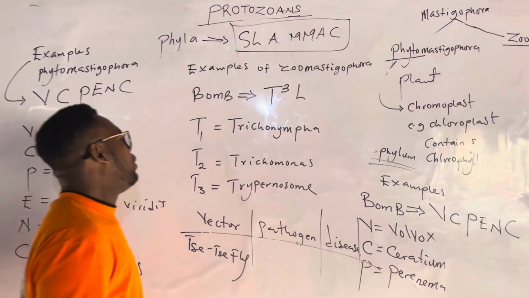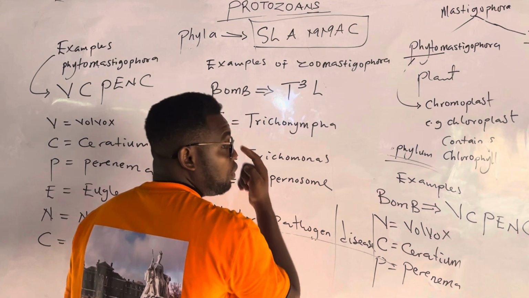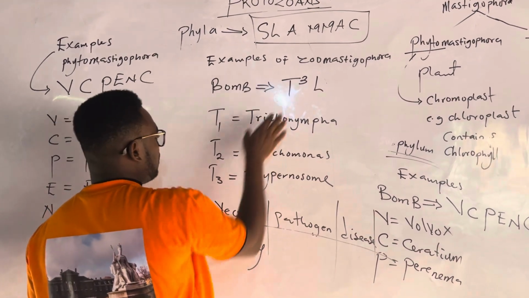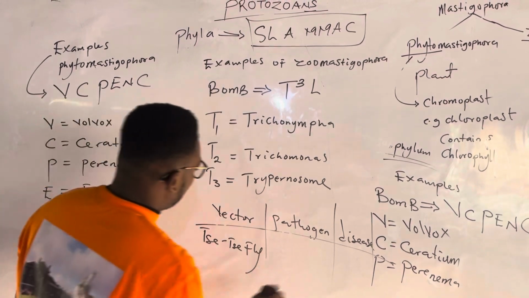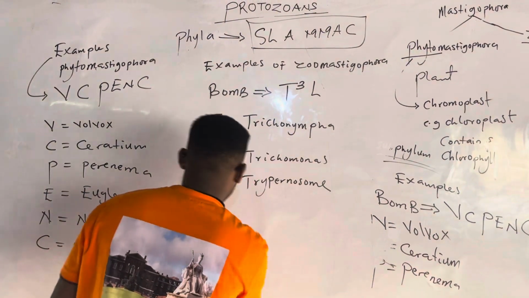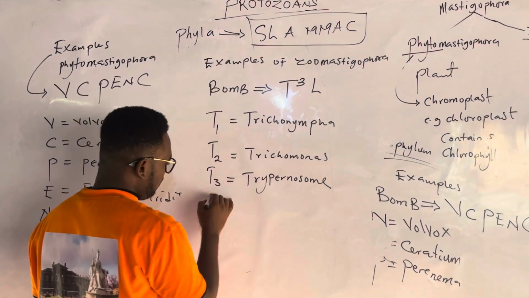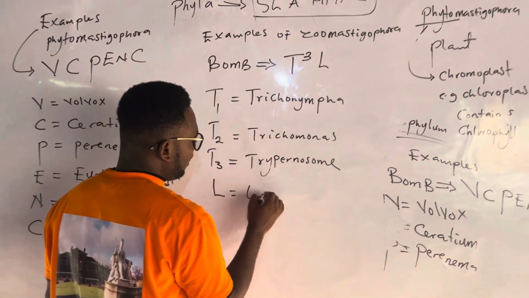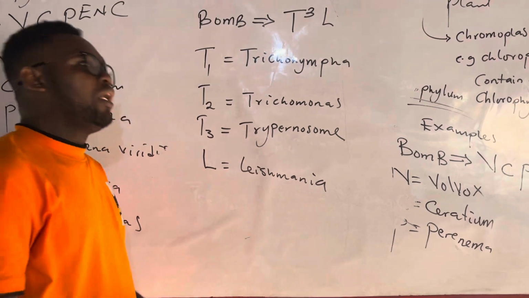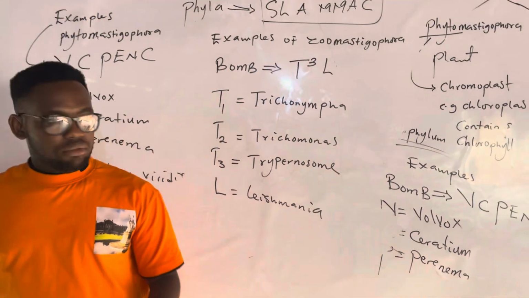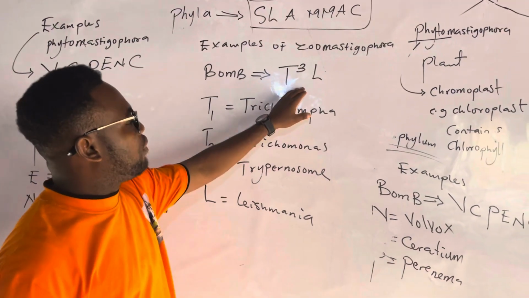Alright? So, having said so now, we now have the 3 T's there, remaining the L. So let me quickly give you the L here. The L stands for what? Leishmania. It is important you follow the acronyms I've been giving you.